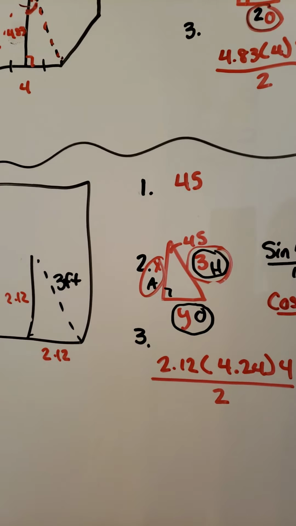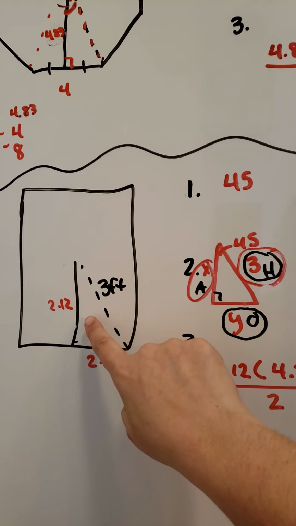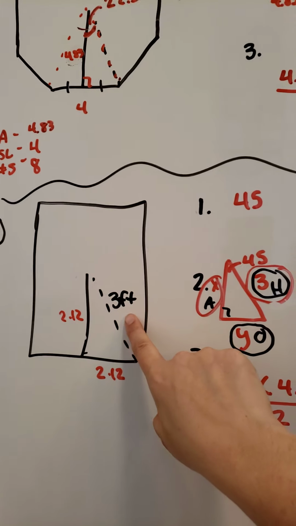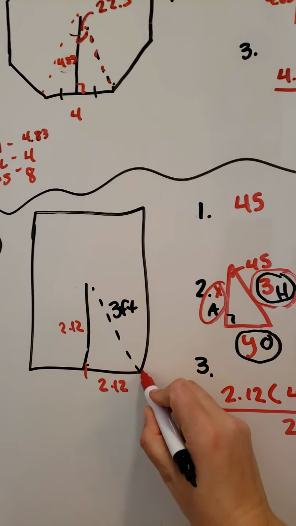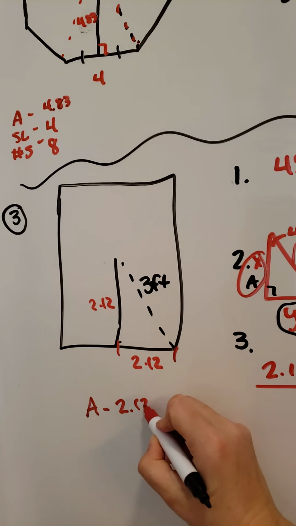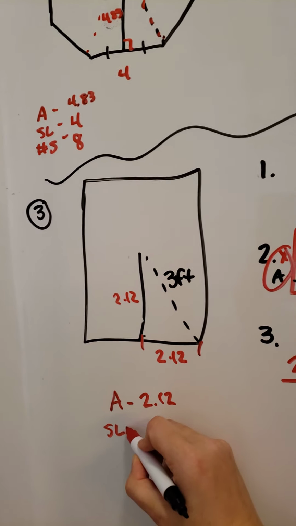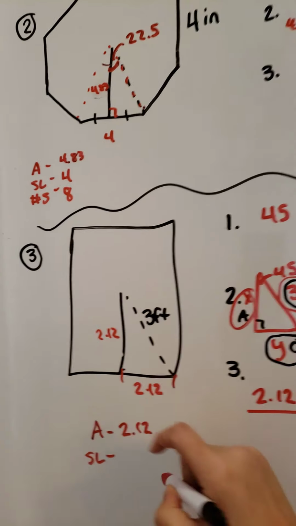All right, so right now I know that because this was my x and that matches this side, that this is 2.12, this is 3, and this little chunk right here was 2.12. But I needed my apothem, which I have. I needed my side length, which I almost have. I have to multiply that by 2, and you get 4.24.